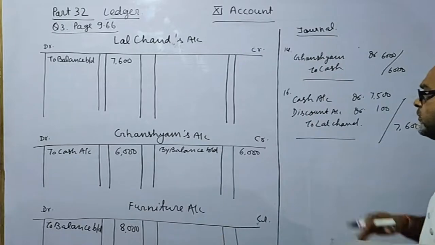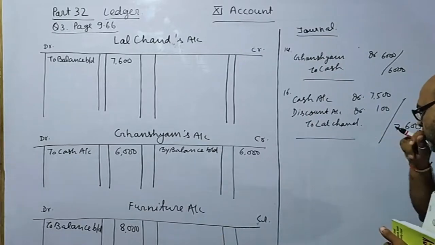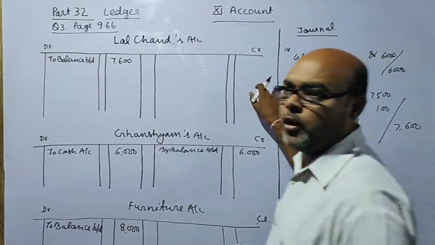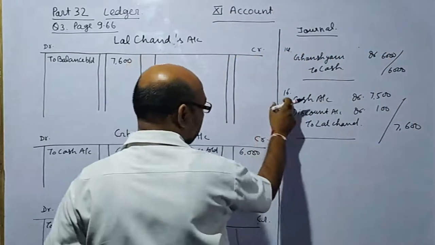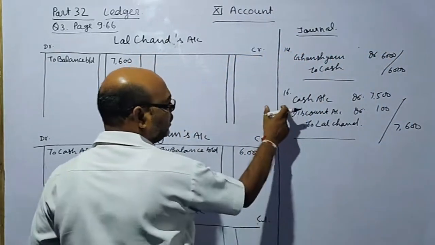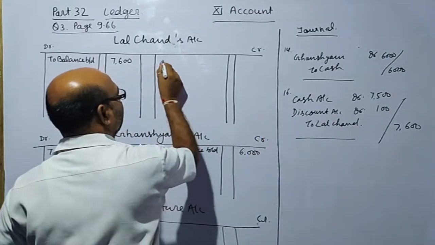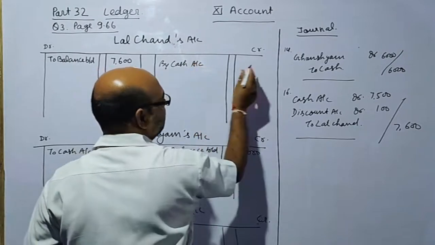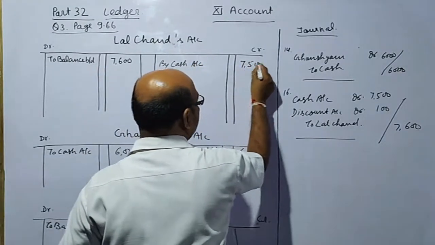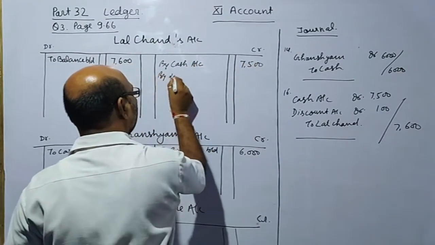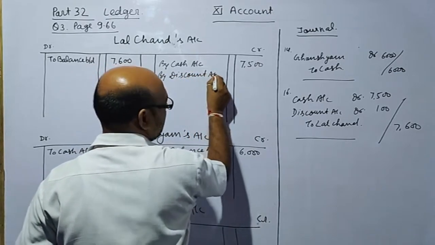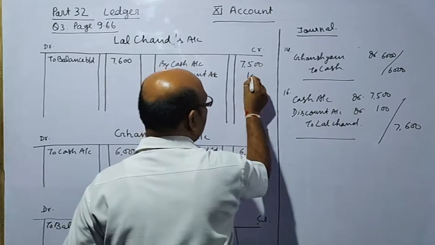Now here Lal Chand is credit. So credit side we will write, but write the name of debit term. Here are the two debit terms, so both debit terms we will write. By cash account, that is 7,500, and by discount account, that is 100 rupees.